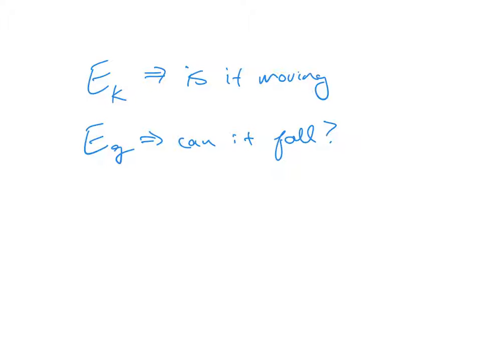So if the object can fall, depending on where your ground is, then it has gravitational energy. And then the last one is spring potential. That's the SP, spring potential. So a question you can ask is, can it be sprung?